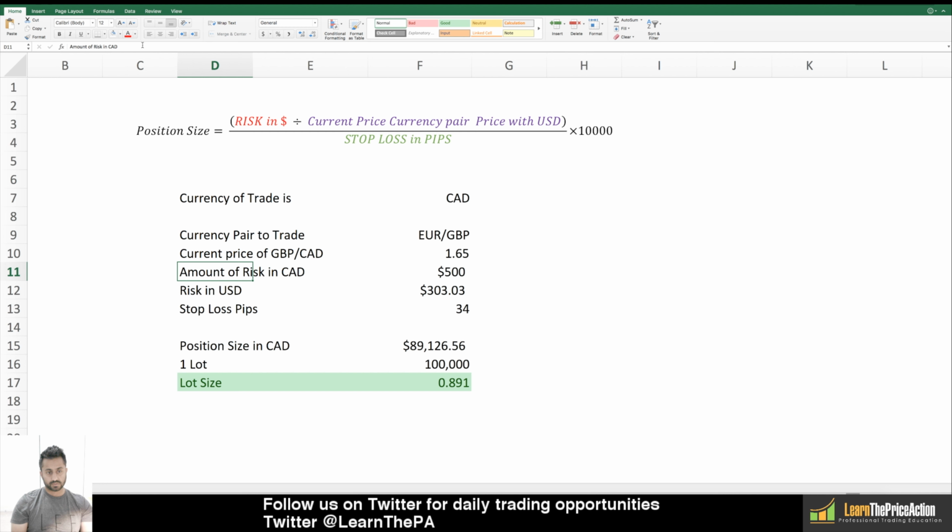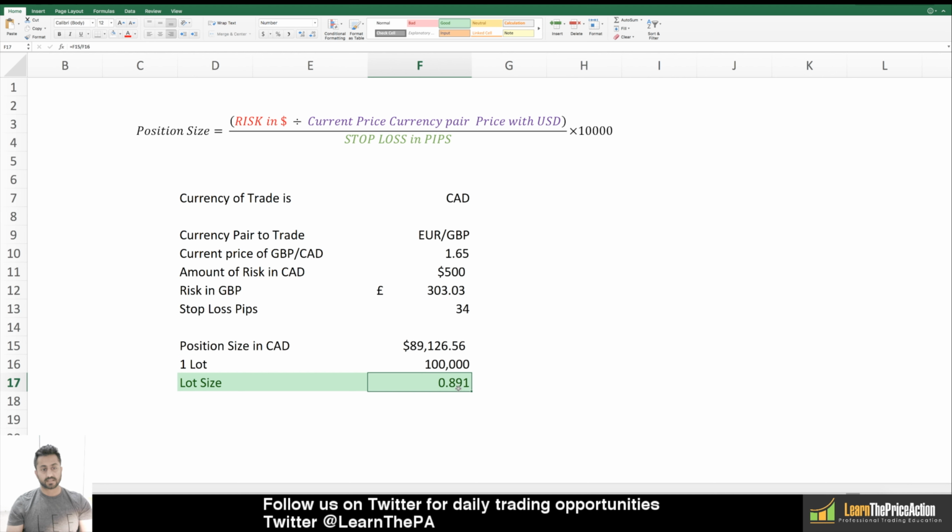So the amount of money to be risked in Canadian dollars, the risk in GBP, is 3.03 pounds. This is the wrong currency, I'll just change it to pounds. So the risk in pounds is this one. Stop loss is this. So the position size is 89,122, or the lot size will be 0.891.